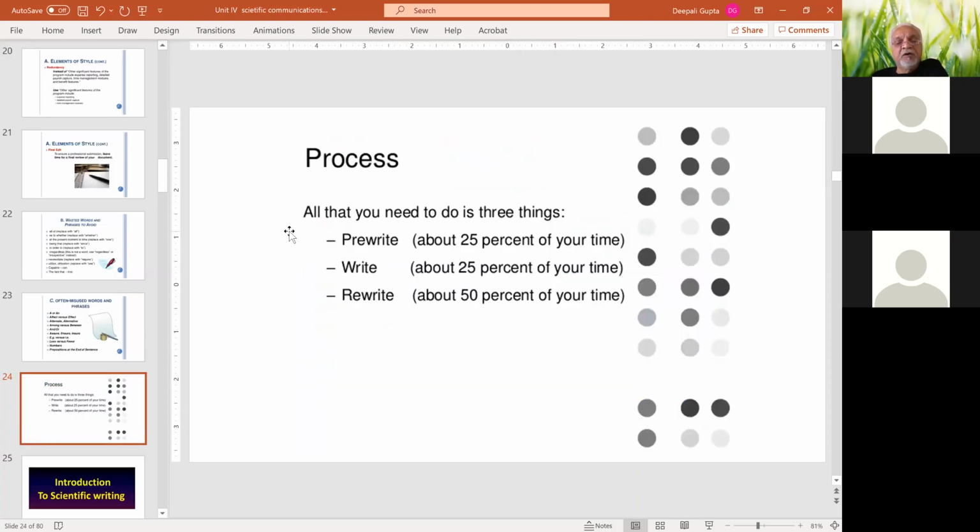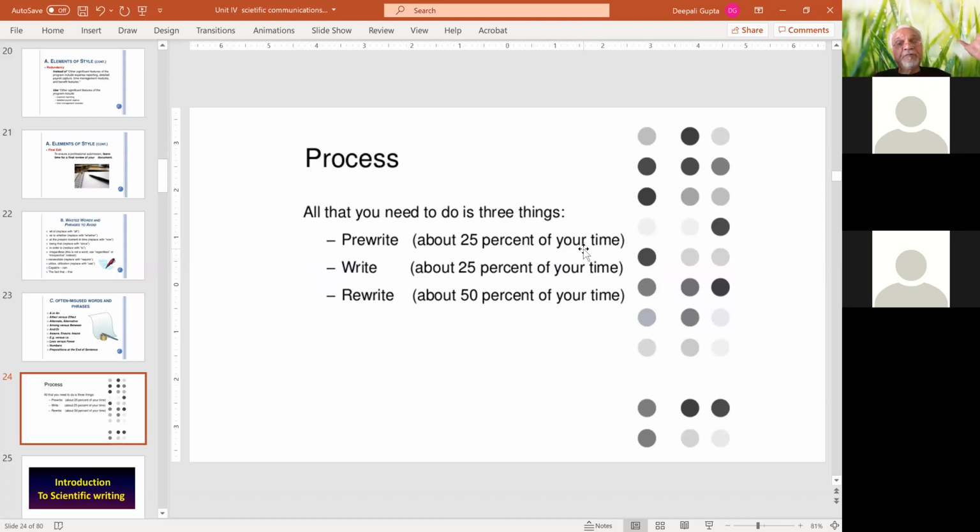Then the whole process of writing a technical document has 3 steps. One is the pre-write. You just make a rough draft, what we call pre-writing. Then you try to edit that, bring it down to the message. And then the rewrite. So pre-write, write, and rewrite are the 3 phases of preparing a document.